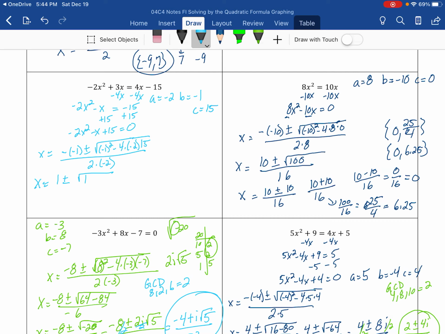That's going to be 1. No, that's going to be 4 times 2 times 15, which is 120. So it's 1 plus 120 all over negative 4. X is equal to 1 plus or minus the square root of 121 over negative 4.